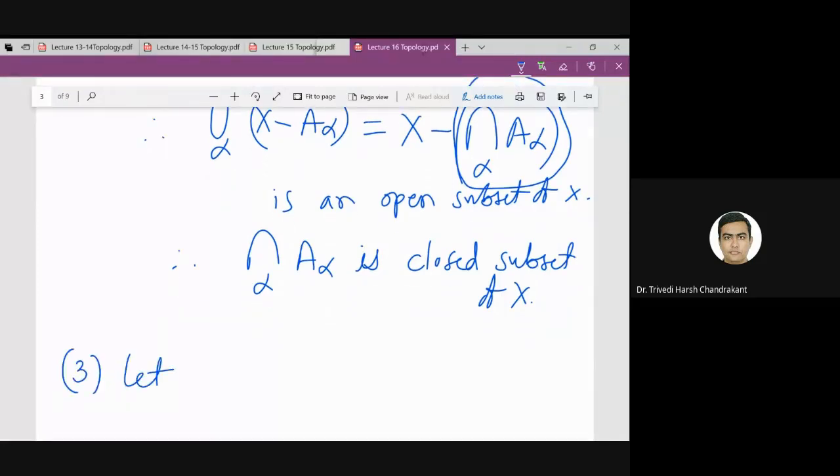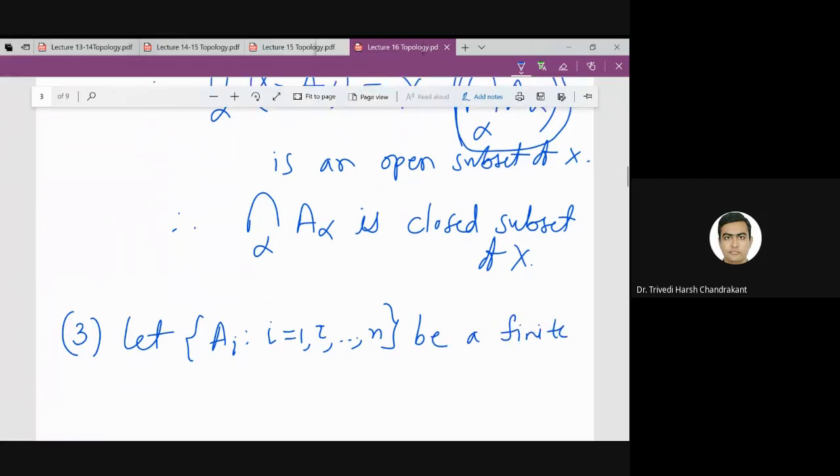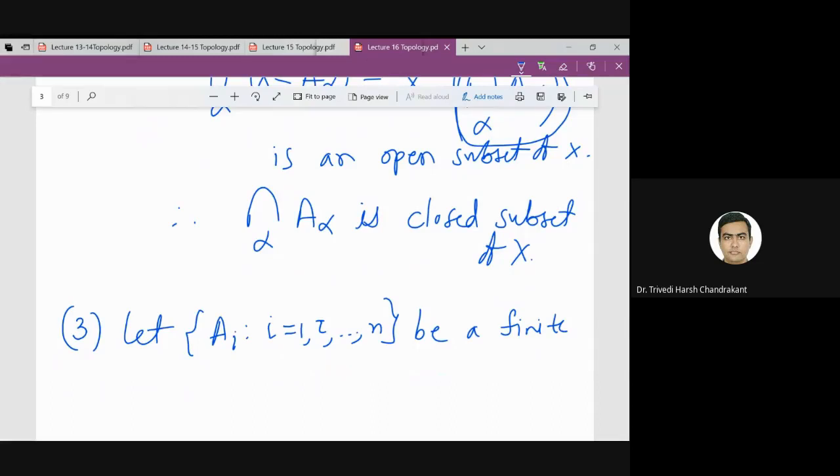Now we have to take only finite unions. So let A_i, for i equal to 1 to n, be a finite family, finitely many closed sets.